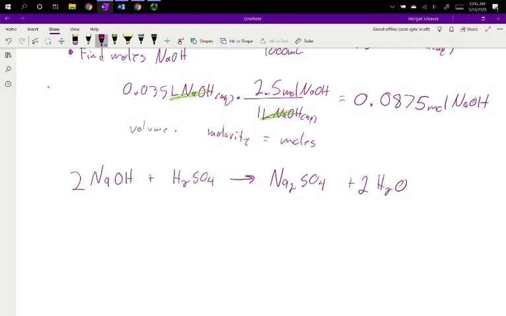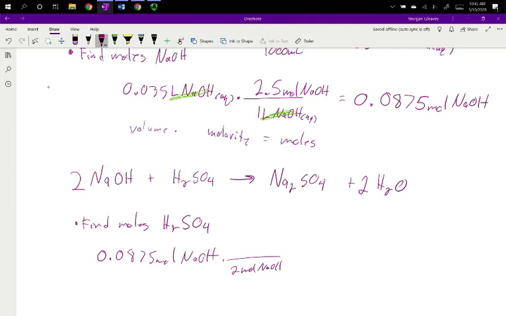So I know how many moles of hydroxide I have. I can use it to find moles of the H2SO4. 0.0875 mole NaOH. There are 2 mole NaOH in every 1 mole of the H2SO4.